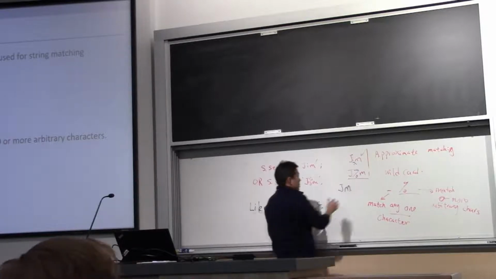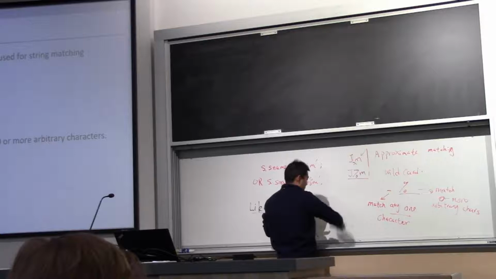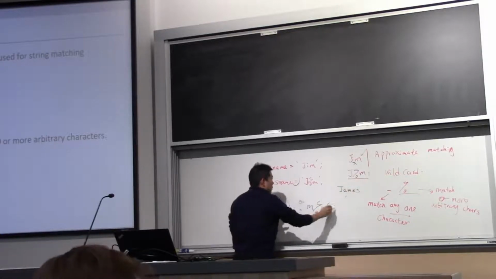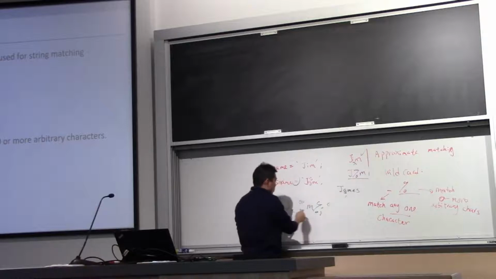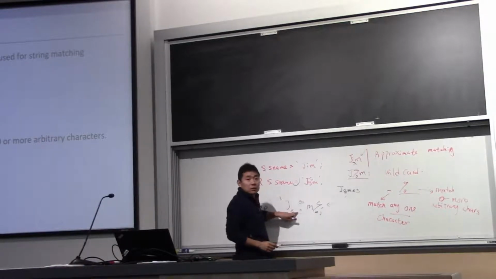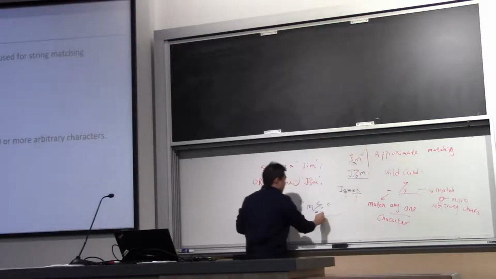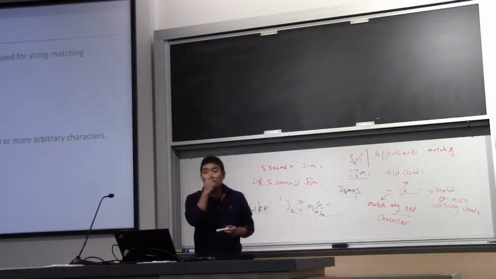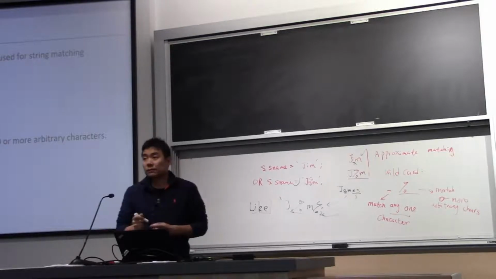For example, then I can match something like this. Why? Because this A is my underscore. There's nothing between A and M. Match that percentage, that's fine. But this ES matches my percentage afterwards. Okay? So far so good?